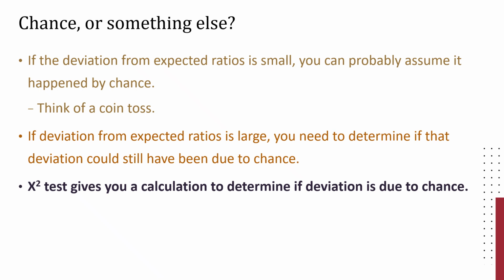Or maybe there is something else that is affecting the outcome. So the chi-square test is a calculation that we can do, an actual value with a cutoff point that we can say, if we get this value, then we know that our deviation from what we expected is really big, and it's pretty unlikely that that just happened, and so there must be something interfering.